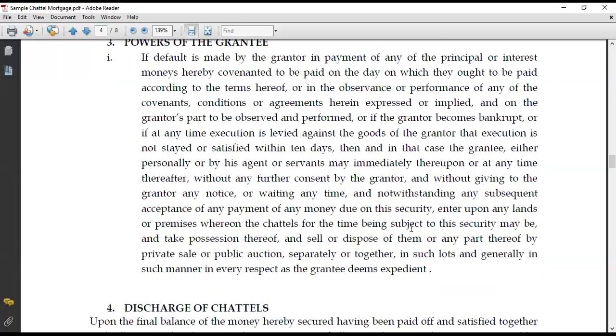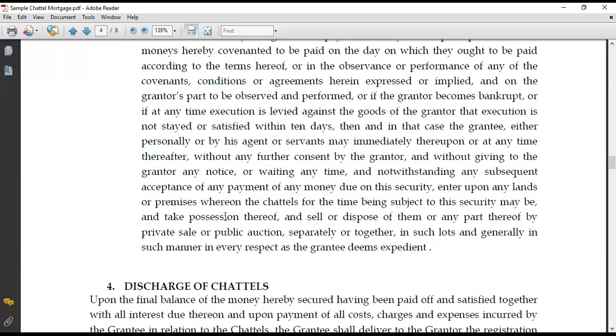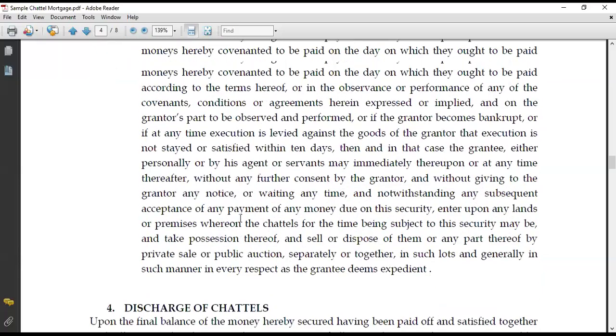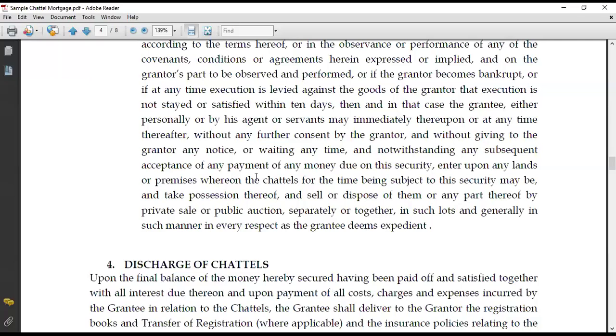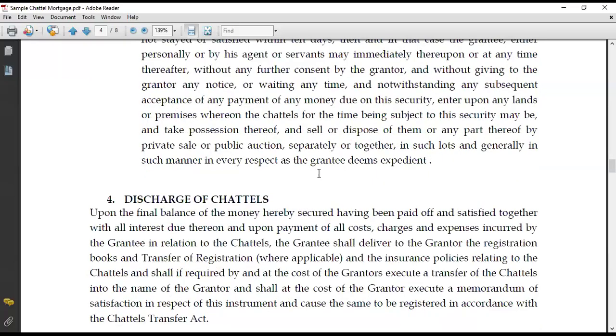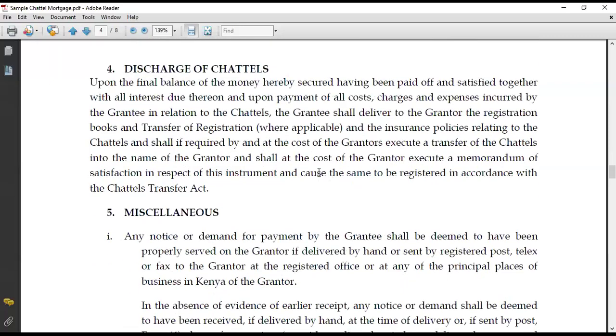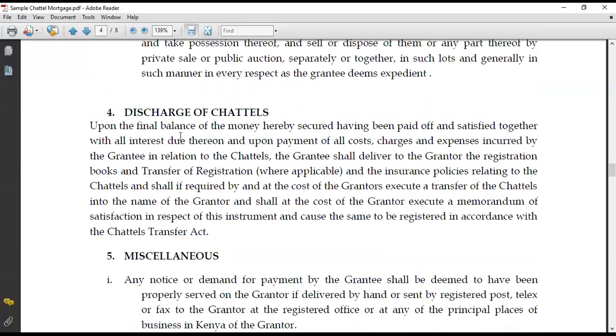They will enter upon the land or premises where the chattel for the time being subject to security may be, take possession in default, and sell or dispose of the trucks.